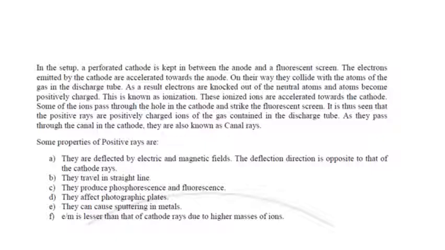The ratio e by m, charge to mass, is lesser than for cathode rays due to the higher mass of ions. Normally we use the term q by m for positive rays, where q is the charge and m is the mass. The mass of ions is very high compared to an electron, so this value is very small.